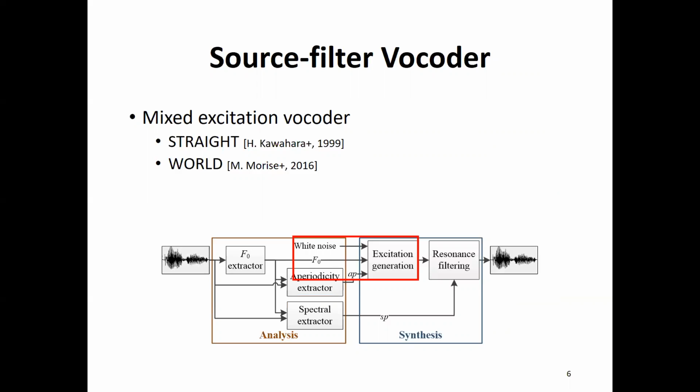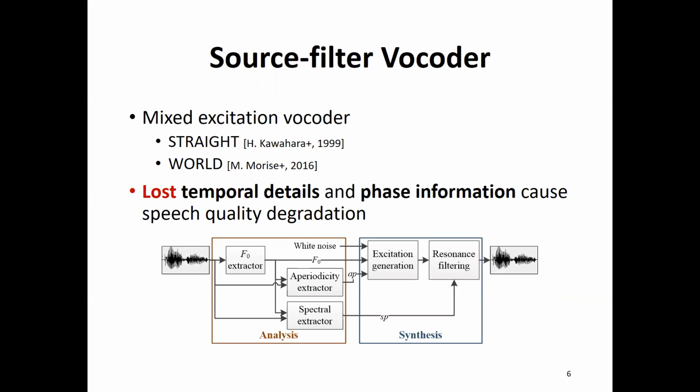In the synthesis stage, the vocoder first generates the mixed excitation signal based on the F0, AP and white noise. Then the mixed excitation signal is filtered by the spectral filter to generate synthetic speech. However, phase information and the sound temporal details are discarded during the analysis synthesis process, which causes significant speech quality degradation.